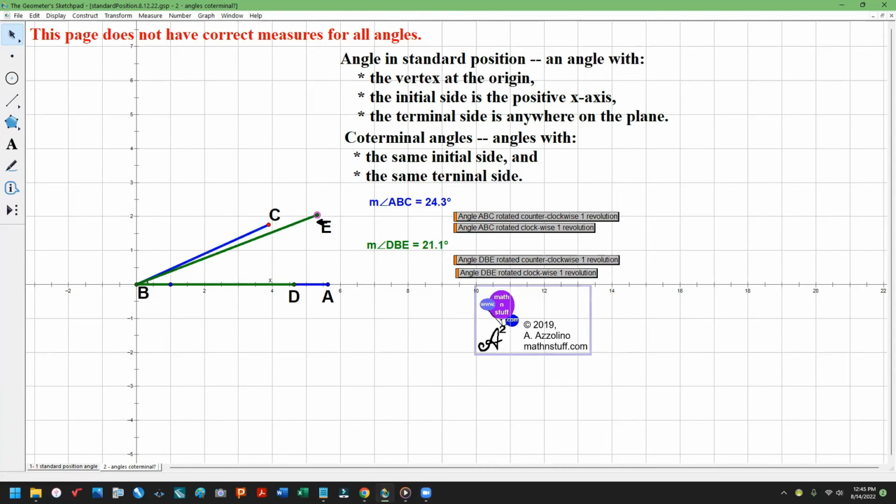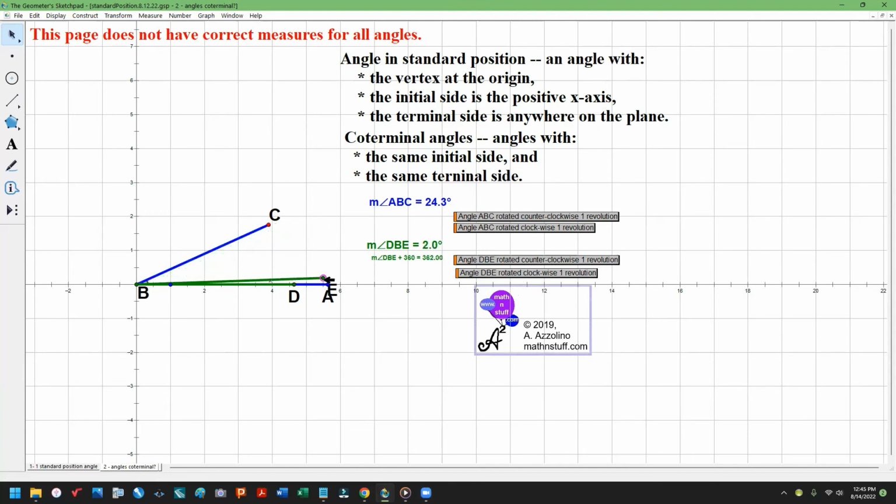I could, if I wished, go up to the blue angle and around another complete revolution, rotation. If I did that, then I would just be adding another 360 degrees to the angle measure. I could do that as many times as I wish.